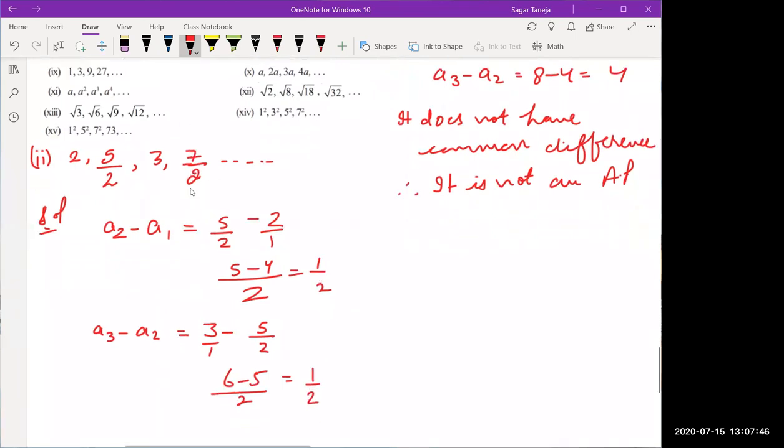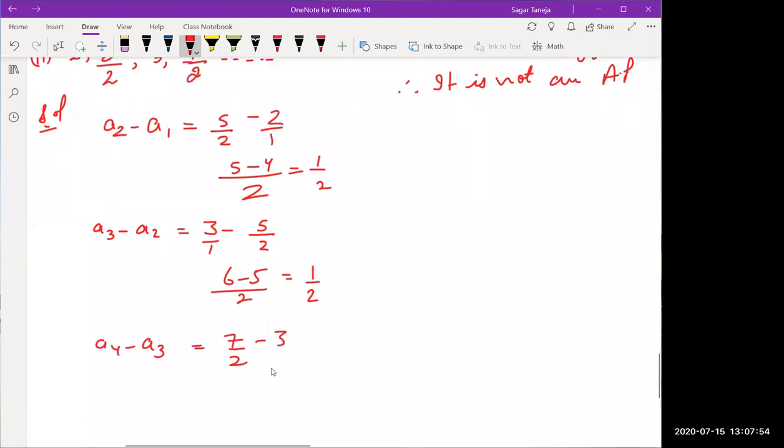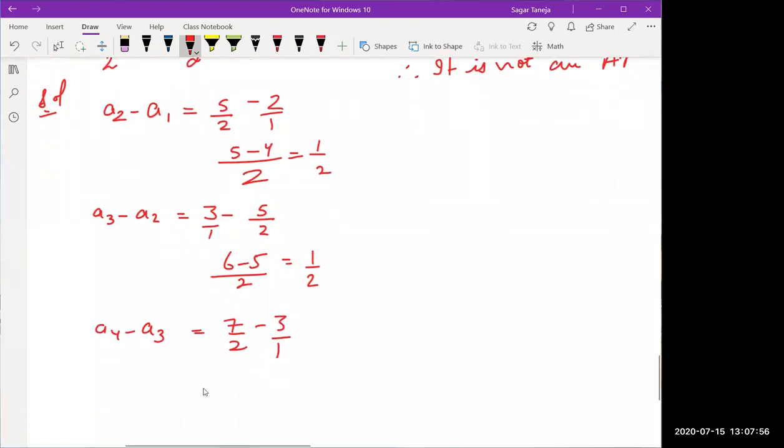Let us check the next also. So the next is 7 by 2 minus 3. It is 1 by 2.